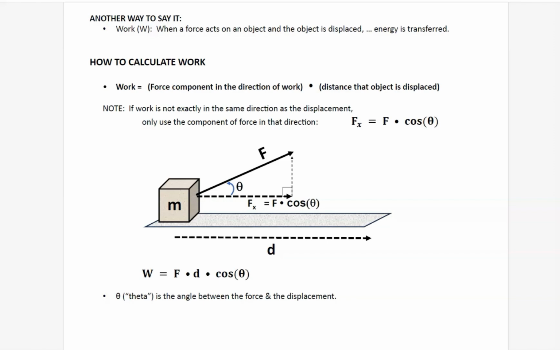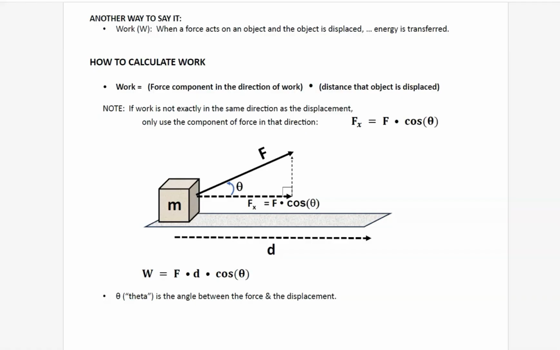The calculation for work looks a little confusing, and you see this cosine function in there, and you think, we're not supposed to have trigonometry. You're not going to have trigonometry. Don't worry, we're going to give you simplified versions of this situation. But the actual formula for work uses the force component in the direction of the movement.